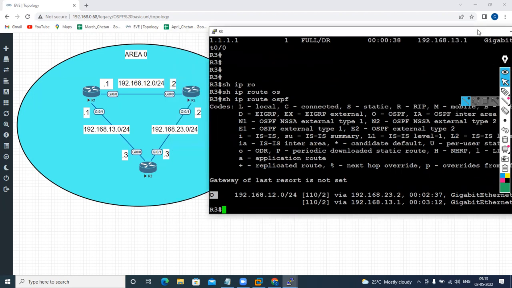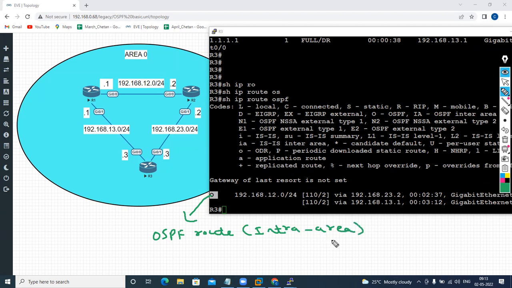Please mention here: if you see O, OSPF route, intra area means within the area. Intra area means within a single area.